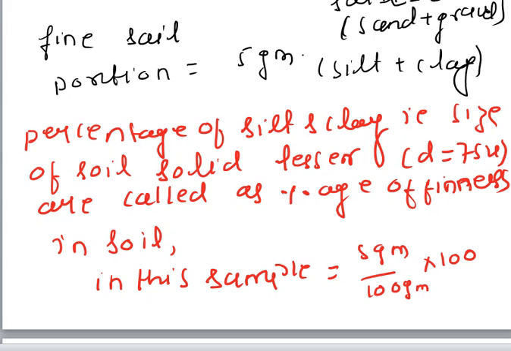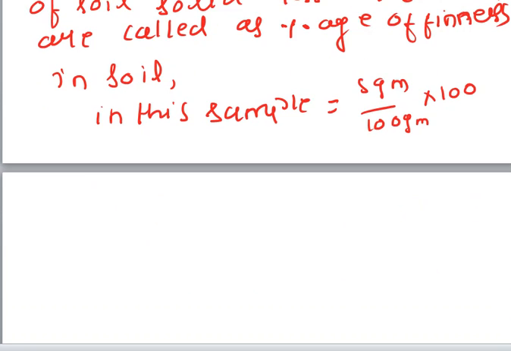Yes or not? So it goes 5%. Okay, so percentage fineness in this sample on which we have conducted a sieve analysis is 5%.